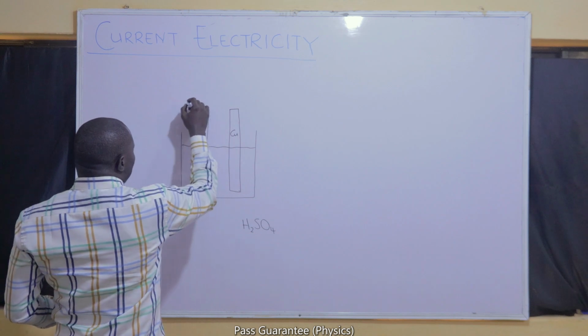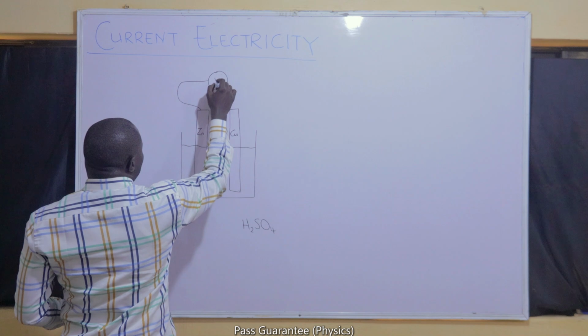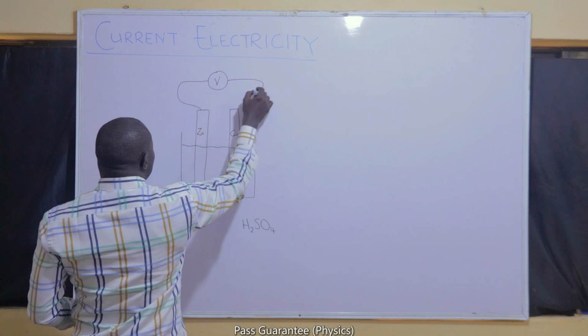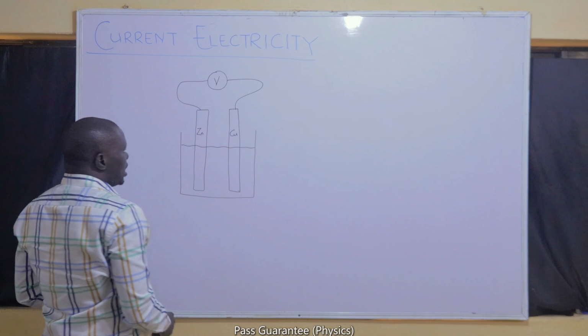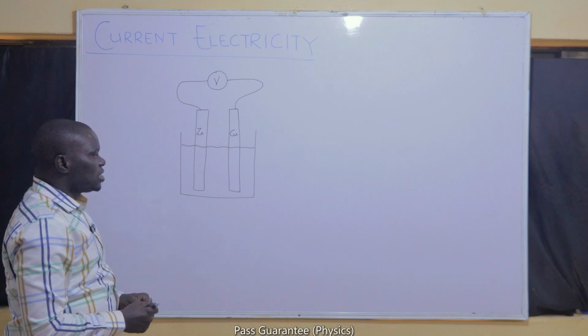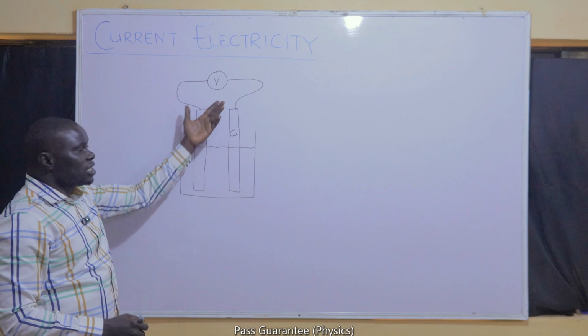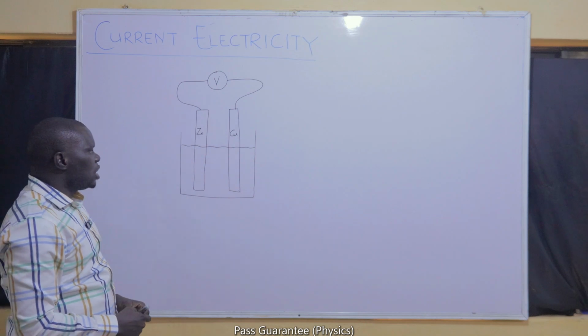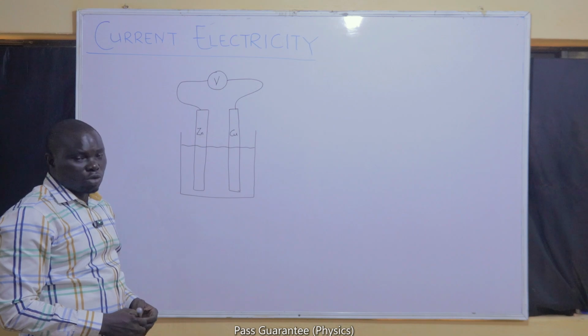If the two of them are connected by a wire, either just together or through a voltmeter, we expect that current will start to flow because there's a chemical process that is going to give birth to that current. Let's briefly review what the chemical process looks like.